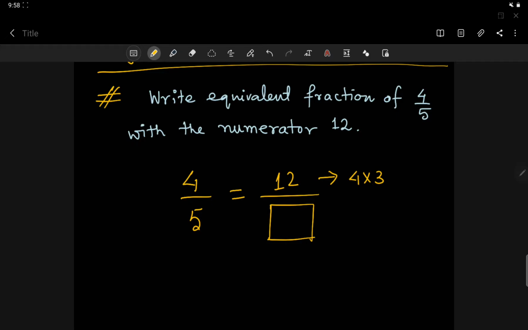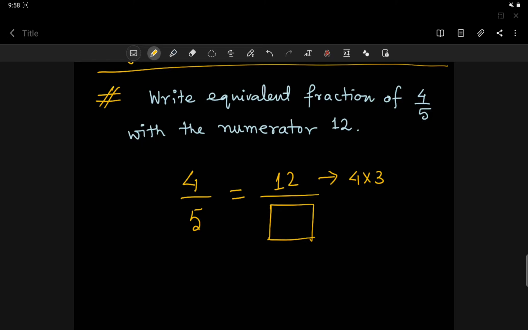Similarly, I told you, when we are finding the equivalent fractions of the given number, it means you are multiplying by the same number on the numerator and the denominator. Remember, you have to multiply the same number by the numerator and the denominator.